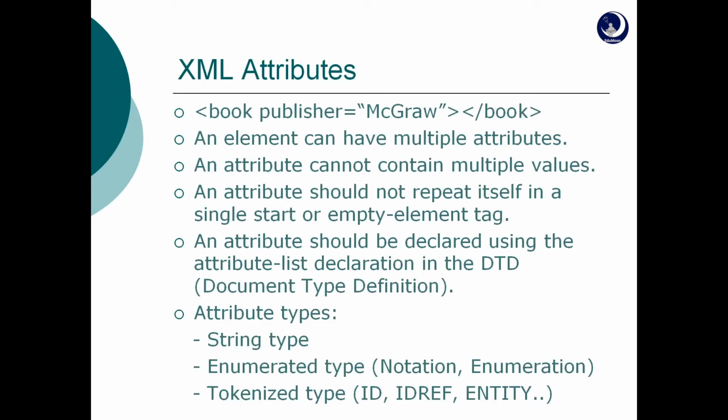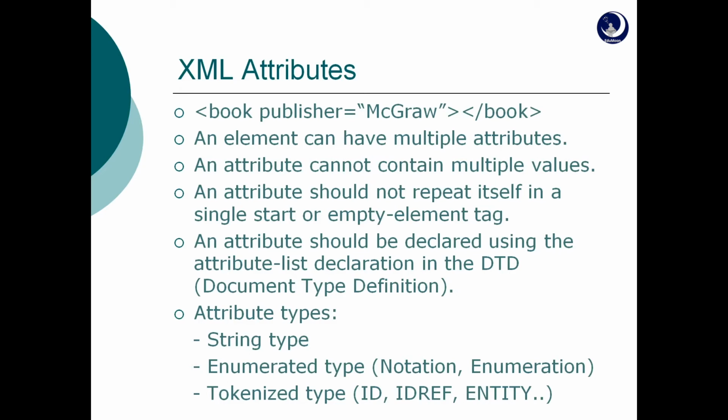Attributes. Here is an example where book is an element and publisher is an attribute. An XML element can have multiple attributes, like here publisher, and you can also have an author attribute. Like that you can have multiple attributes, but an attribute cannot contain multiple values.